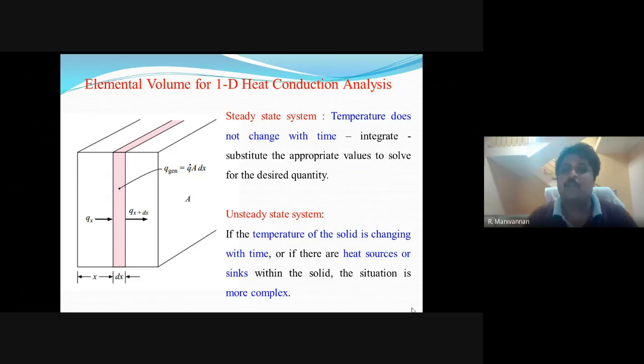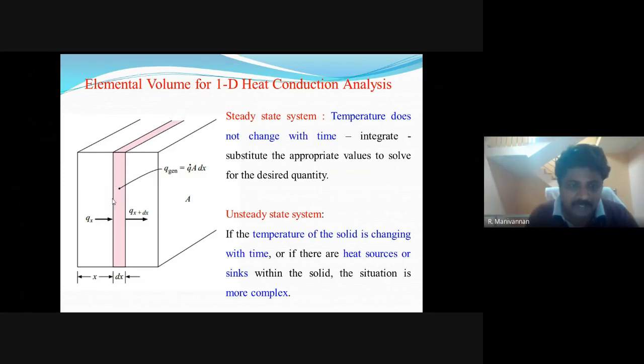So now we are going to go for the derivation. This is for a 1D case. In the last session we have seen Fourier's law of heat conduction. We are going to use that and derive a general equation for a 1D case. Now let us consider this material, and in this we are going to focus only on this pink region.